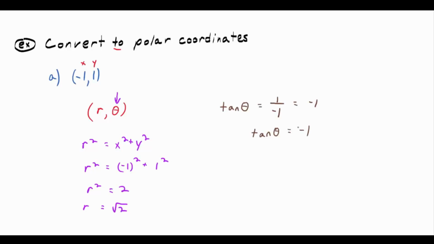First and fourth. Tangent is positive in some quadrants, but we need two quadrants where it's one negative and one positive to make the inverse function make sense. So we take the first and fourth quadrants for the range of the tangent inverse. And it's going to spit out -45 degrees, meaning theta is 7π/4.